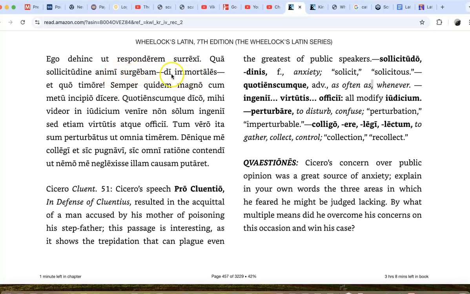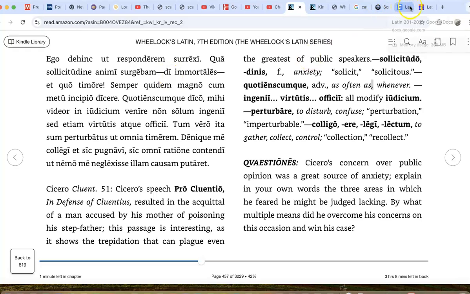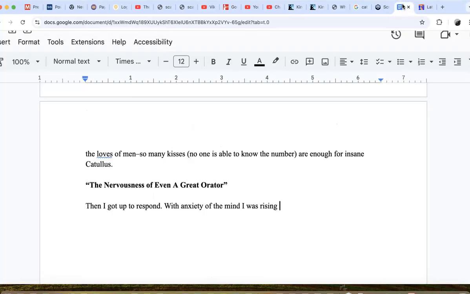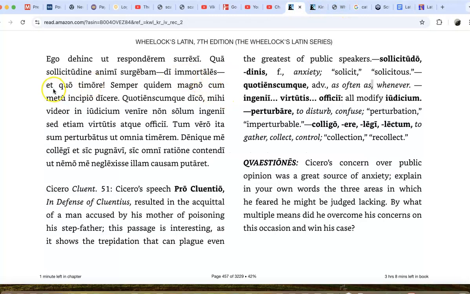And then he's saying, "immortal gods." So that's the first clue: he's trying to regain his composure by thinking of the gods or the purpose and seriousness of the task. Immortal gods, literally, and by such fear.